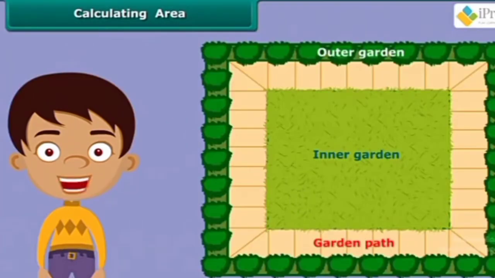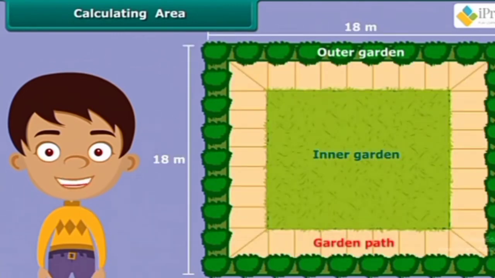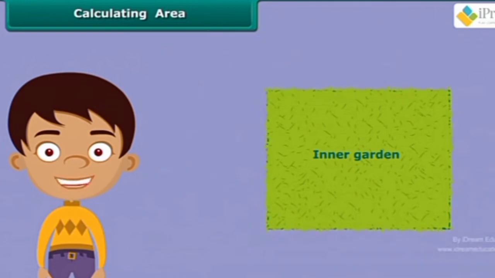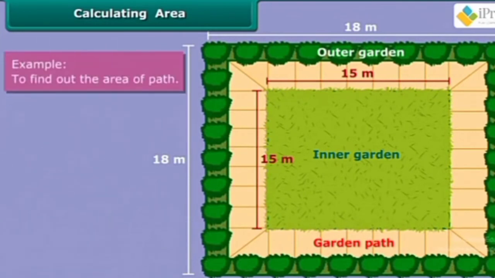Let us advance a little further. Suppose there is a square garden of 18 meters. We want to make a provision for a path on all the 4 sides. The inner garden, after the path is made, should be of 15 meters. We want to find the area of the path.